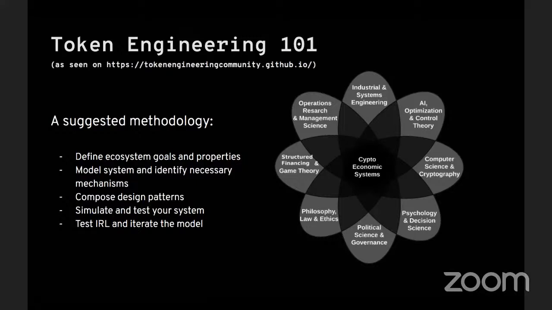I highly recommend that if you're new to the topic, if you're just curious, or if you want to dive into one thing specifically, maybe a crypto economic primitive you're interested in, you go to that website, and from there you'll be able to see different things.